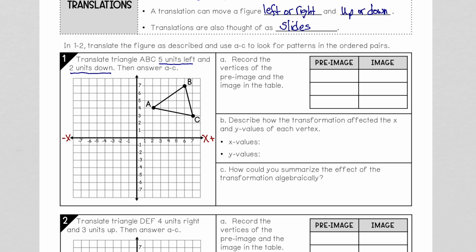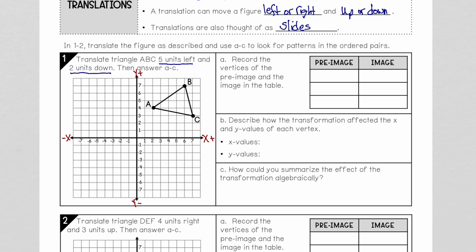So if you go to the right, you're going positive. Go to the left, you're going negative. On the y-axis, down is minus, up is plus. So that's how we need to look at these movements.